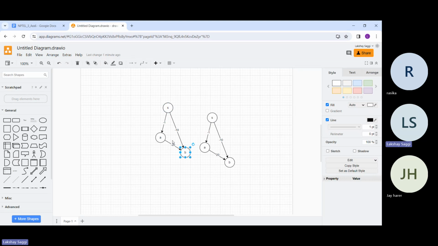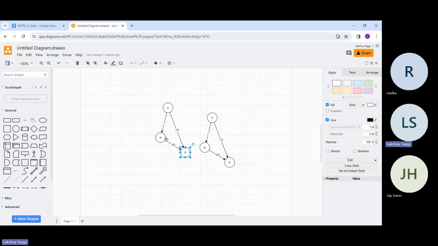Because of that large negative weight, it may be preferable for B to take this path, this B to A to S path, instead of directly this B to S path.